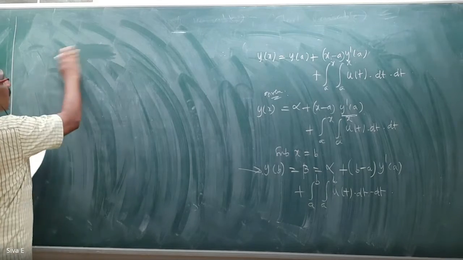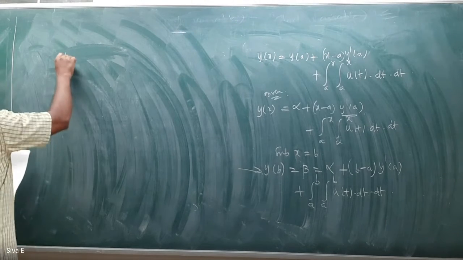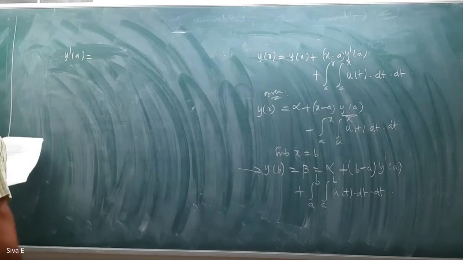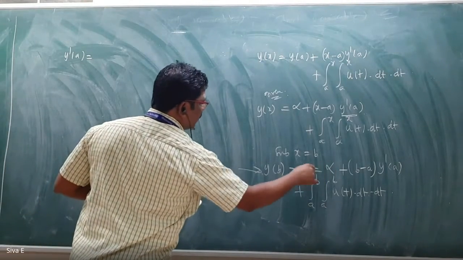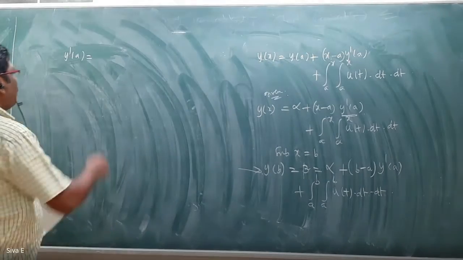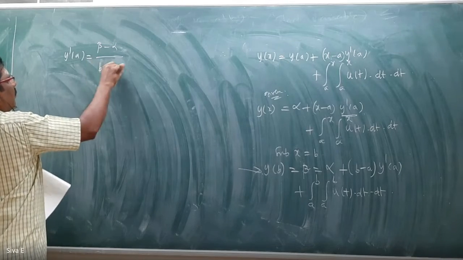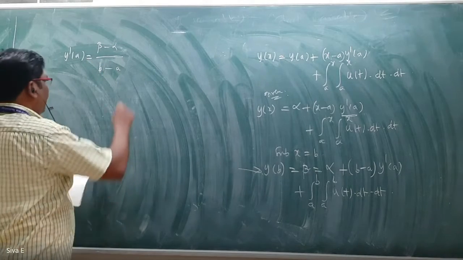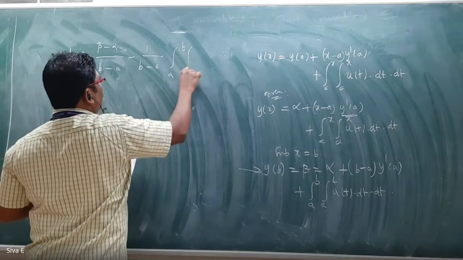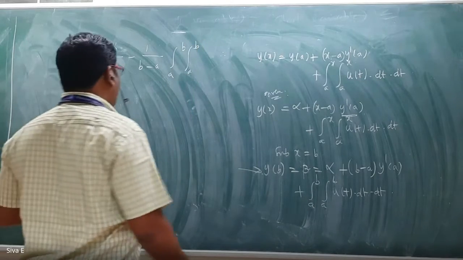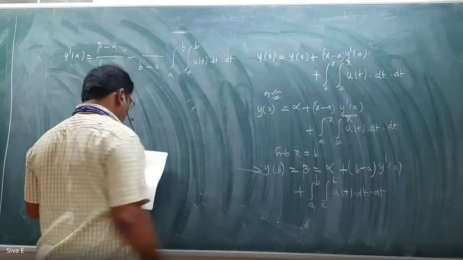If we simplify that equation, what is y dash of a here? Y dash of a equal to beta minus alpha. So beta, you take it to that side, beta minus alpha divided by b minus a, minus 1 by b minus a integral over a to b u of t dt.